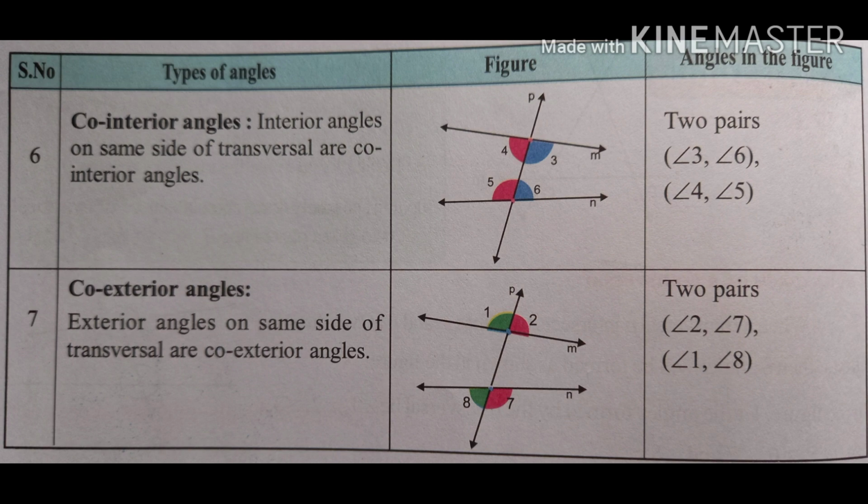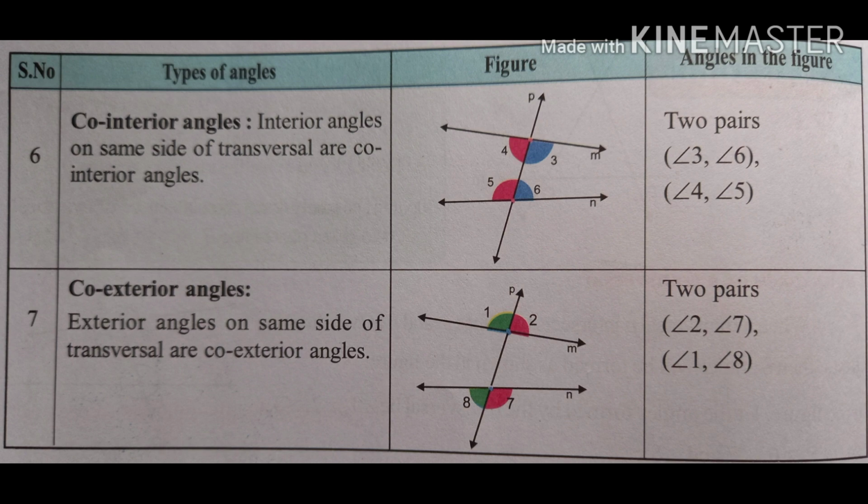Angle 2 and angle 7 lie exterior of the lines M and N. Similarly, angle 1 and angle 8 also lie exterior of the lines M and N. So, the same side of the transversal, whether it is interior or exterior: if the angles are inside, they are called interior angles on the same side of the transversal.